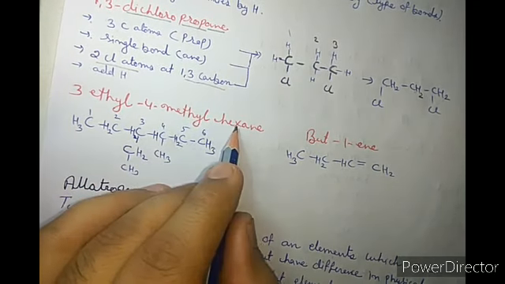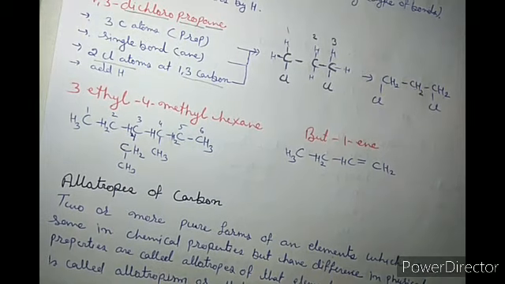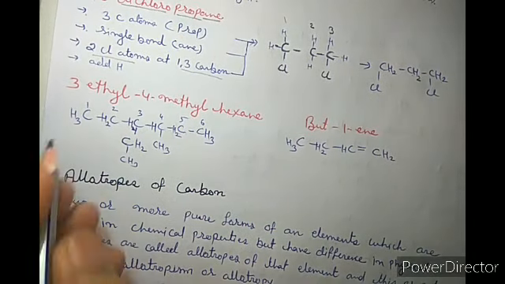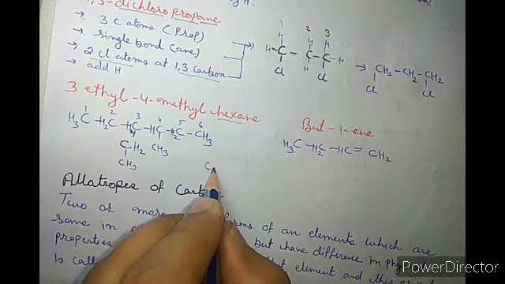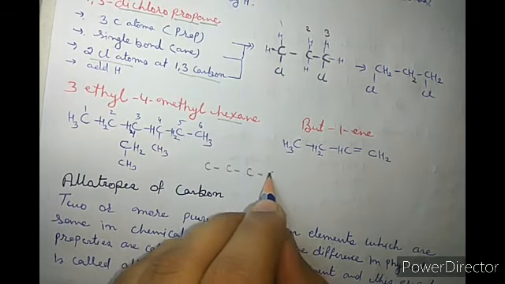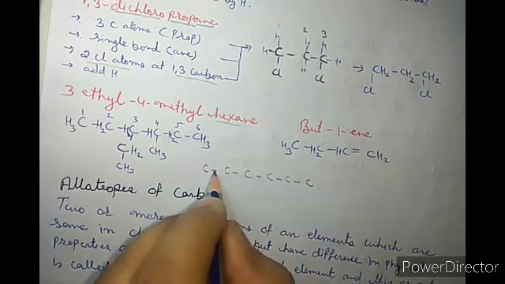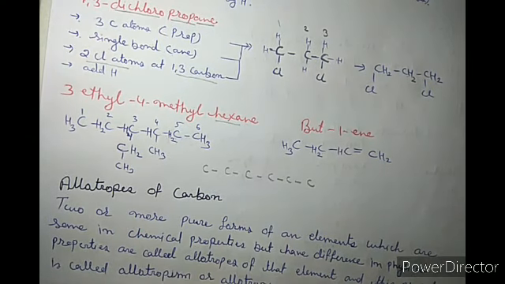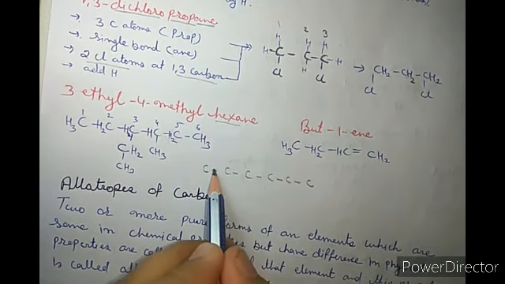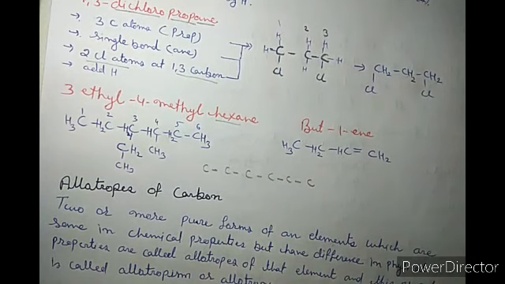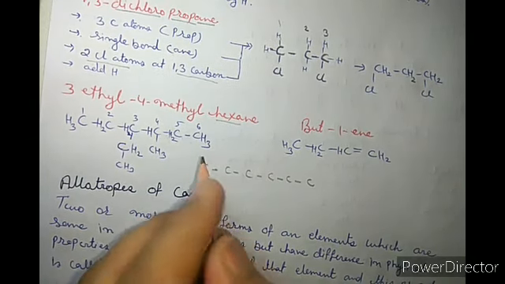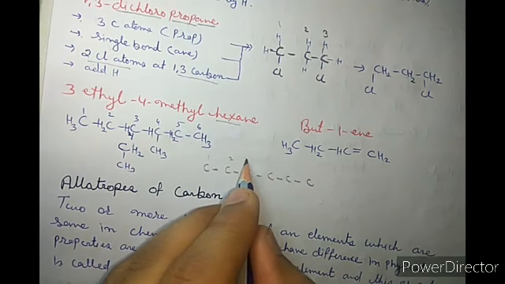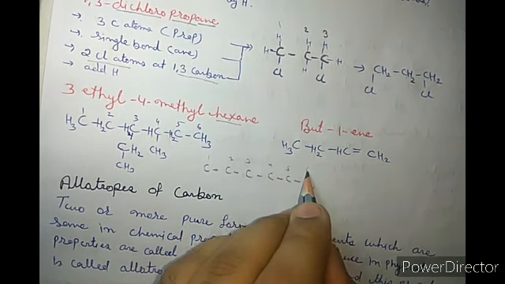One more example: 3-ethyl-4-methylhexane. For that I am making it here, because that is complex. Hex means 6 carbon: 1, 2, 3, 4, 5, 6. Okay? Ane, that means single bond. Complete? Now 3-ethyl. We can start numbering from any side, 1, 2, 3, 4, 5, 6.